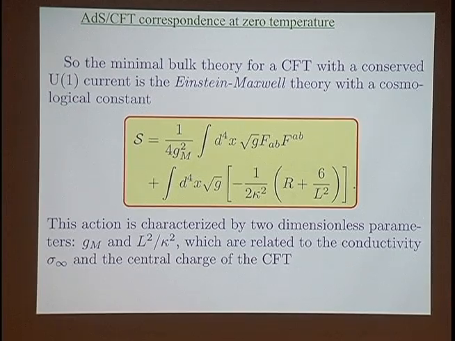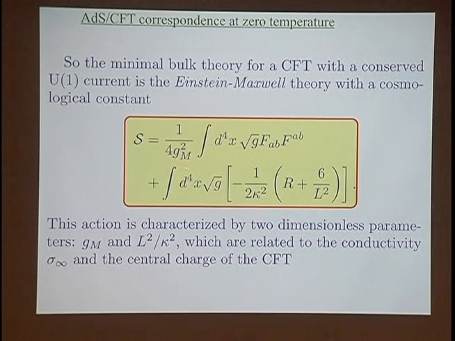So the very simplest possible theory that you could take as representing a conformal field theory on the boundary is the Einstein-Maxwell theory. You take Maxwell electromagnetism and Einstein gravity, which is really quite remarkable, in 4 dimensions, which is exactly the dimensions Einstein and Maxwell worked in. This is characterized by 2 dimensionless numbers.